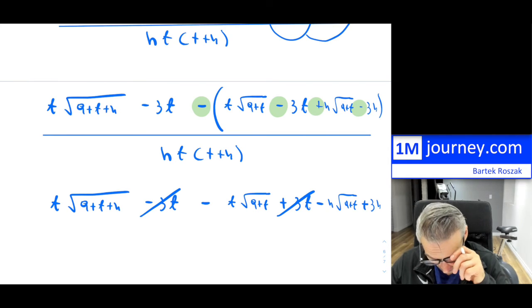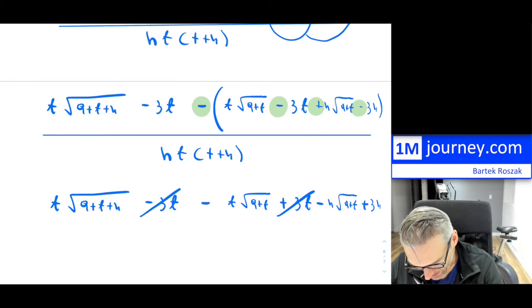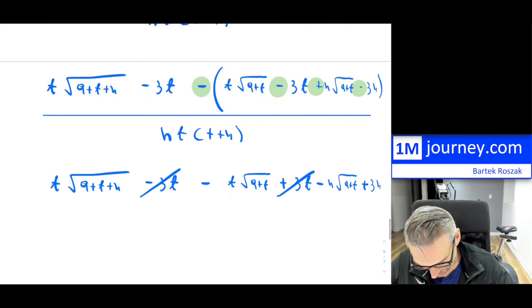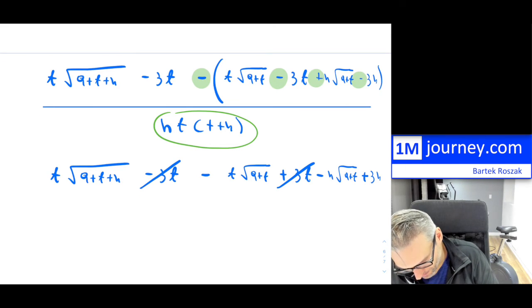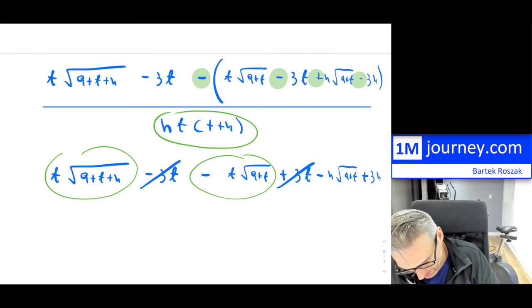All right, let's see what happens in here. Now I'm going to change colors, because I still can't forget about this. So what I have now, I'm going to group these two things together, because they look kind of alike.